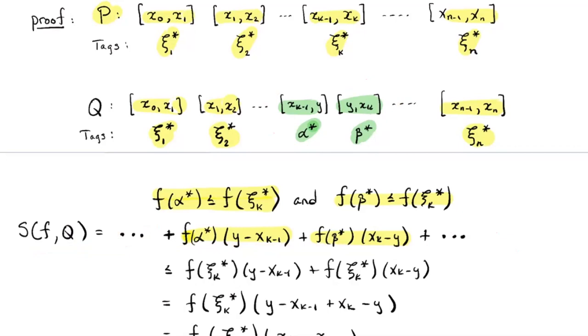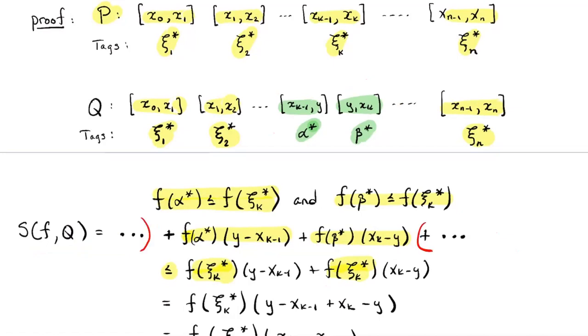But now, we said above that this number f of alpha star is less than or equal to f of c_k. Same for f of beta. So what I did is I replaced those things with the numbers that are bigger than them. That's why that made it bigger. To follow these inequalities, you have to ignore this.